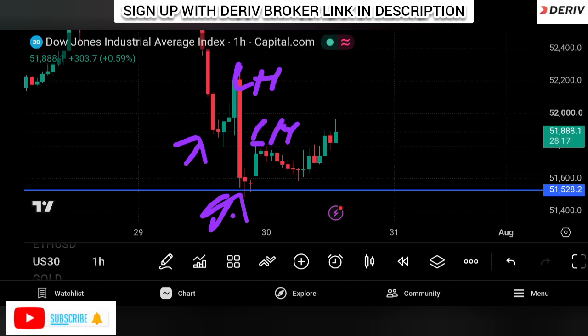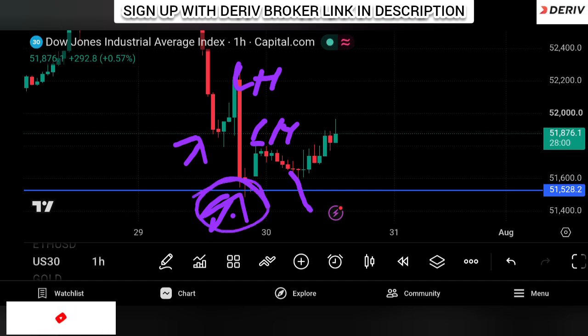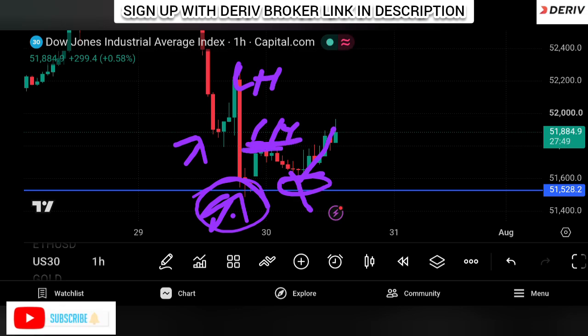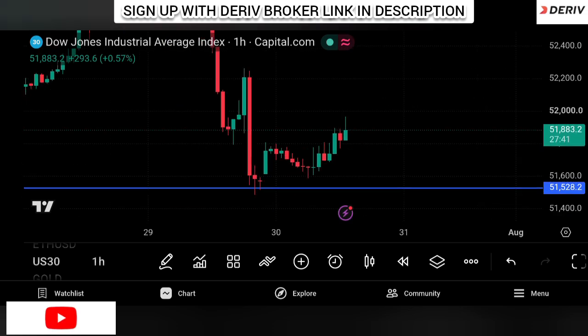Okay, so we're having a lower low, but here the market didn't go down to take this lower low. It just turned from this area, went up and broke this lower high, meaning there's a change of character, a change of structure, a change in state of delivery here.